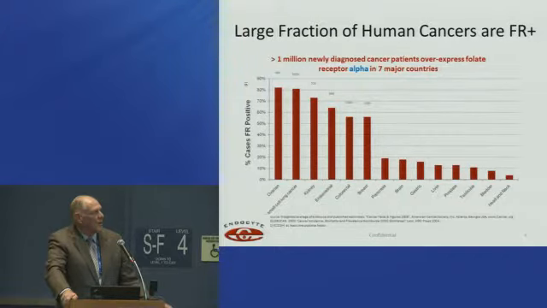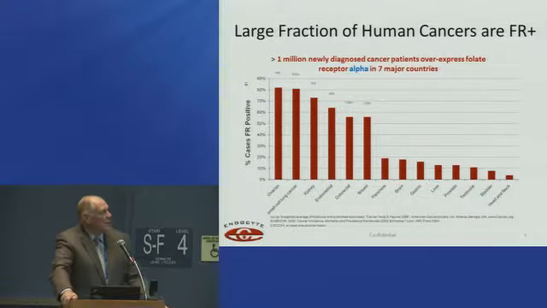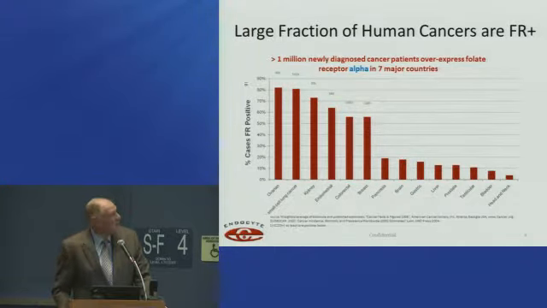So we have to go after other targeting ligands directed towards other receptors in order to treat these cancers. But because a good fraction of these major cancers can in fact be targeted with folate-linked drugs, we are relying heavily on folate for imaging and therapy of these cancers.